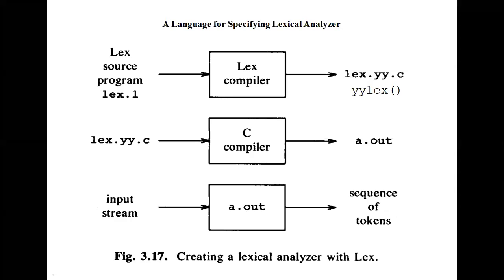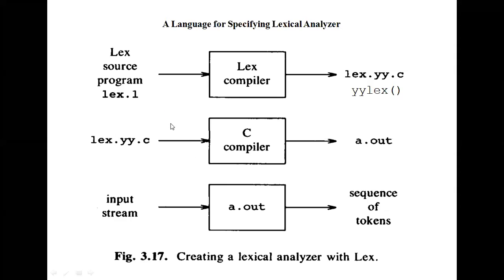Now, in the specification file, the lex actions are associated with every regular expression, and these actions are simply pieces of C code. See in step number 2, these are simply pieces of C code.